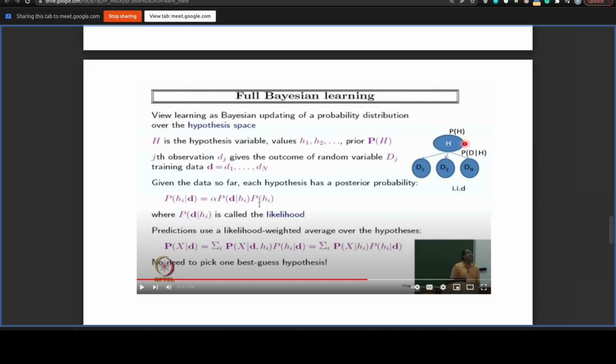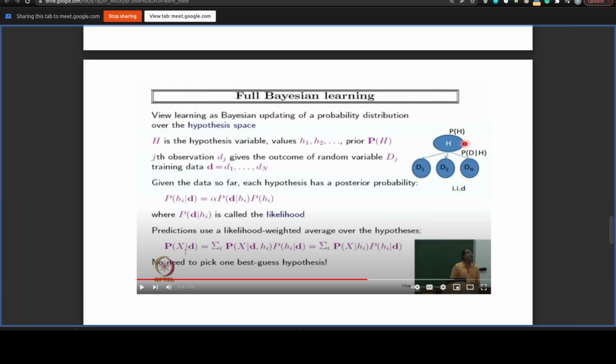And what finally you want is to calculate this probability of x, a particular event happening, and for that event you also have a certain amount of data. So what you do is you try out all the possibilities that the hypothesis can take, hi can be 1, 2, 3, and you aggregate it. So you don't need to pick any best hypothesis that would have been true on this data. You can actually use all of them.